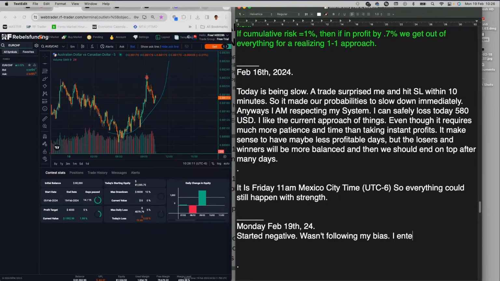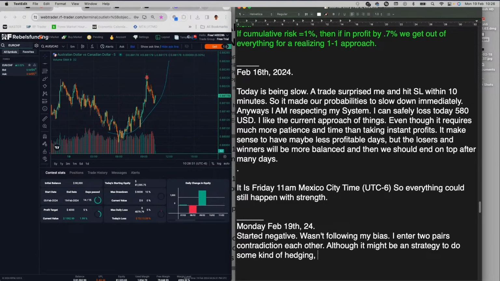I entered two pairs contradicting each other, although it might be a strategy to do some kind of hedging. I am more inclined to just be consistent on my bias.